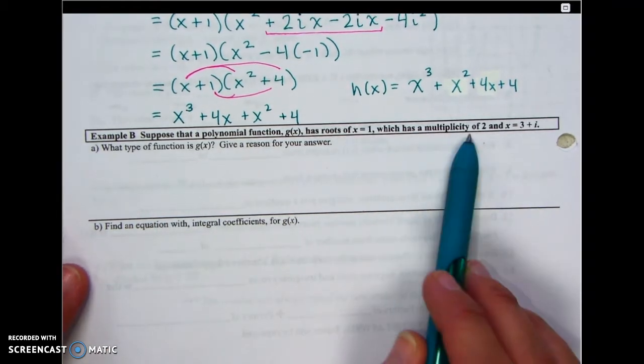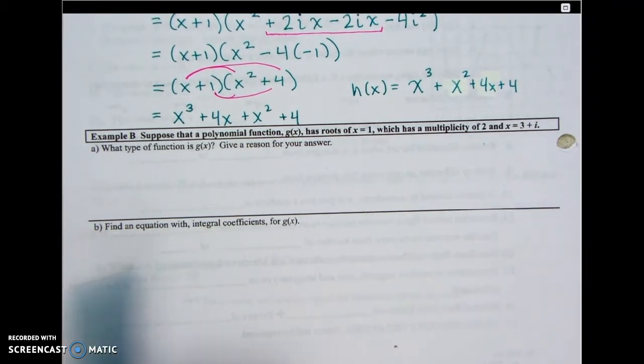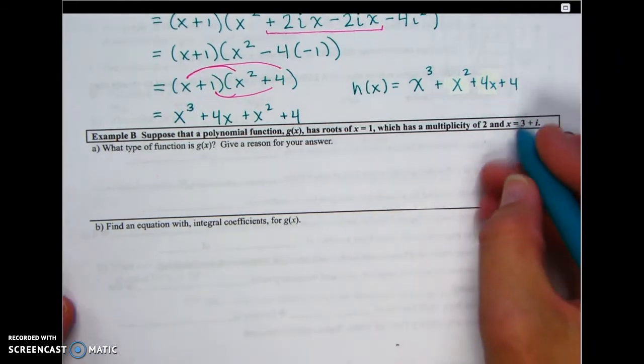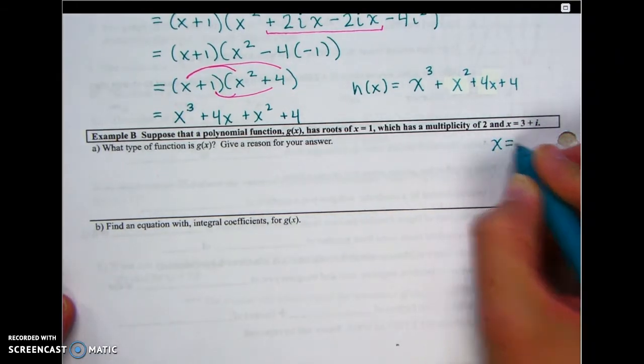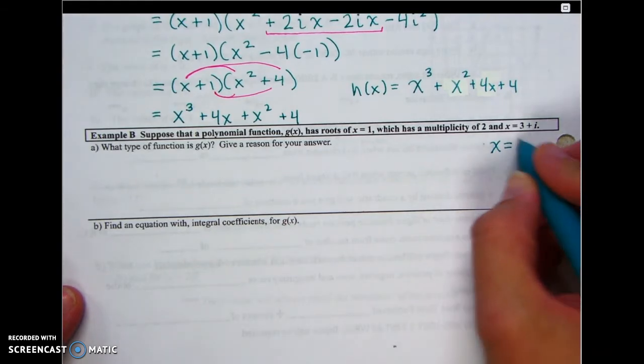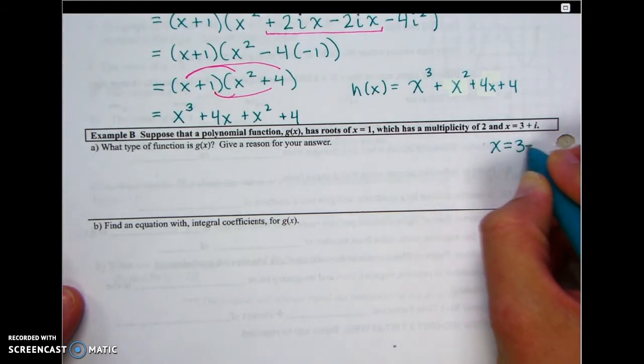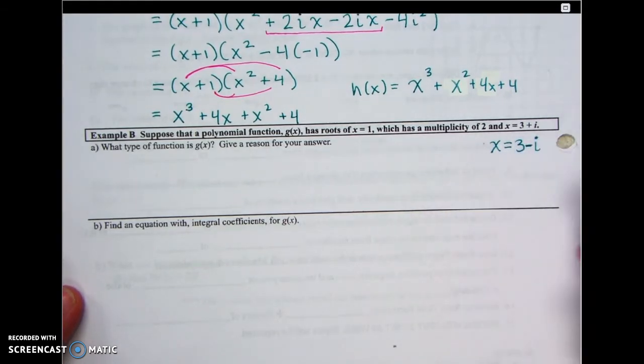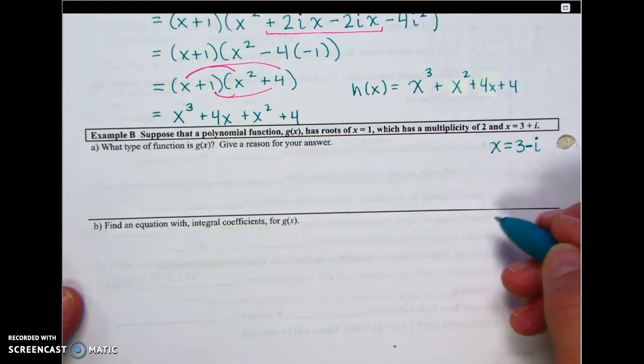Well, if this has a multiplicity of 2, but then what do we know about the imaginary numbers? They come in pairs, okay? The other one's going to be, watch, 3 minus i. Only the i becomes negative, because think the i came from that square root and the 3 was in front.